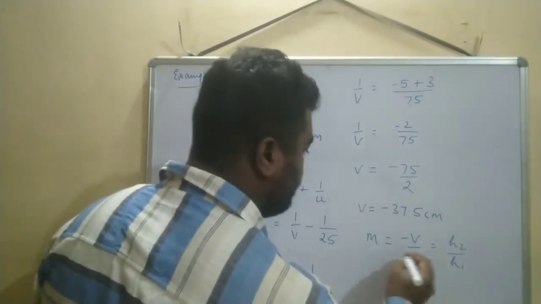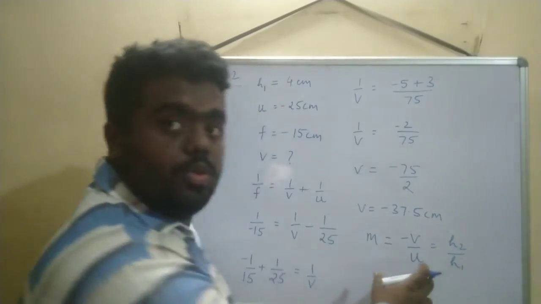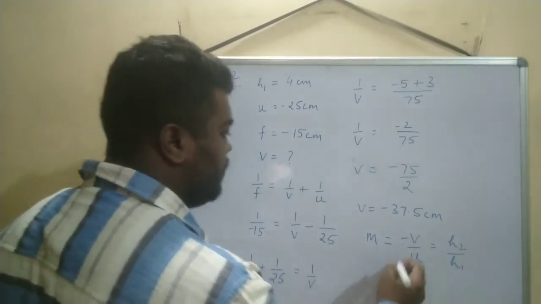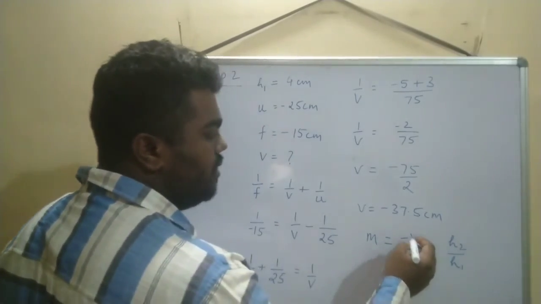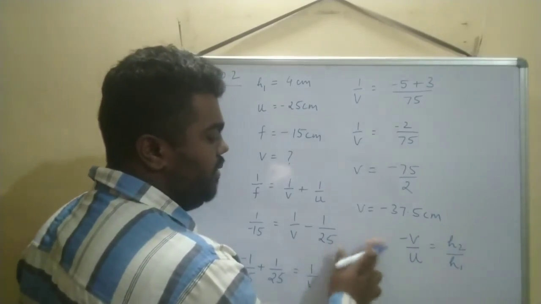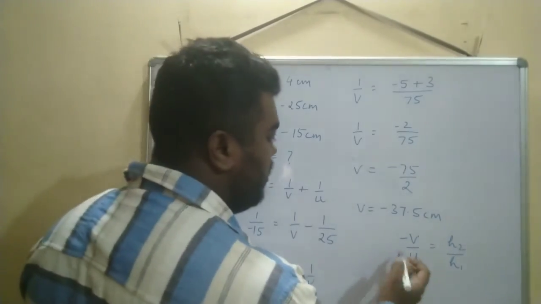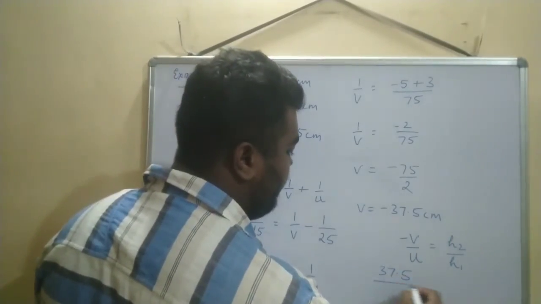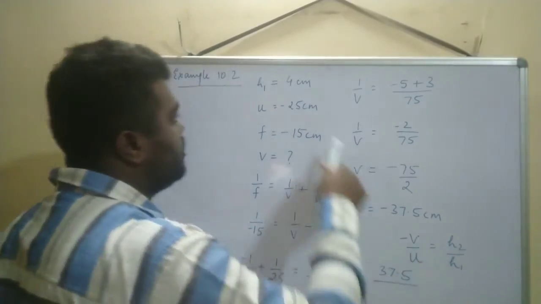So we will equate these two. It comes out to be v is minus 37.5. Now I am removing this m: minus m is equal to, now minus minus becomes plus 37.5 by u. u is how much?